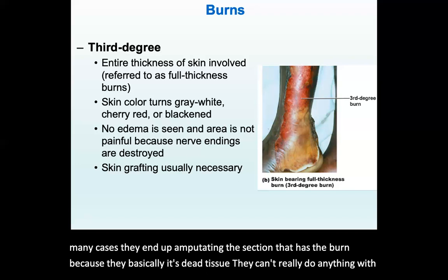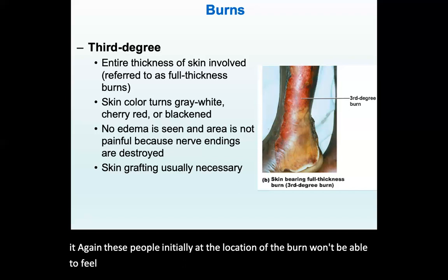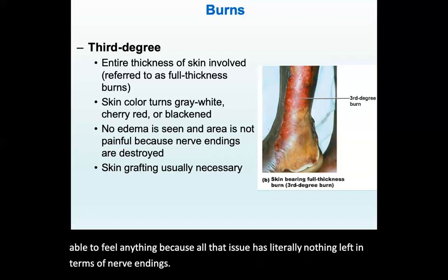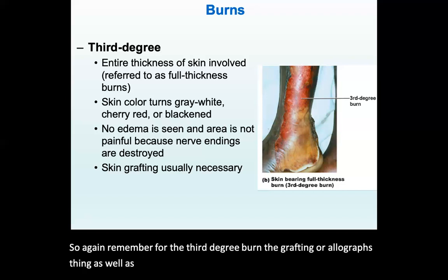Again, these people initially at the location of the burn won't be able to feel anything because all of that tissue has literally nothing left in terms of nerve endings. So again, remember for the 3rd-degree burn, the grafting or allografting as well as autografting. Make sure you guys can distinguish the two types.